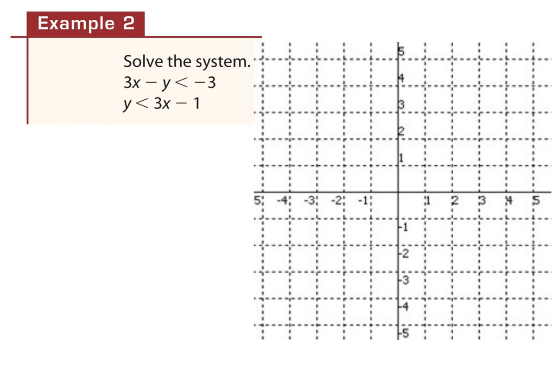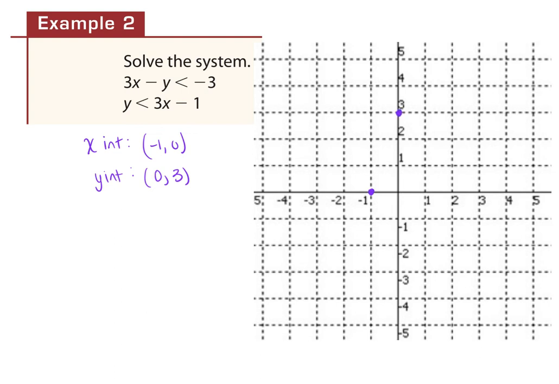The first one, the x-intercept for this first one is going to be -1, 0, and my y-intercept is going to be 0, +3.